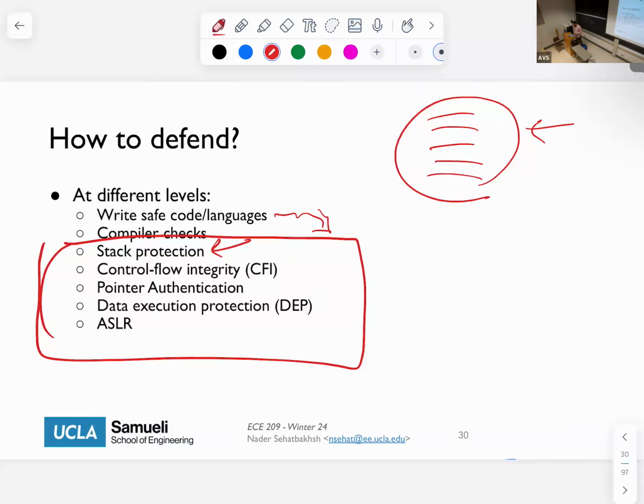For example, if I want to see whether this particular part leaks or not, or if I want to extract all the possible control flow possibilities in this program, I need to analyze this program in order to find these different paths.